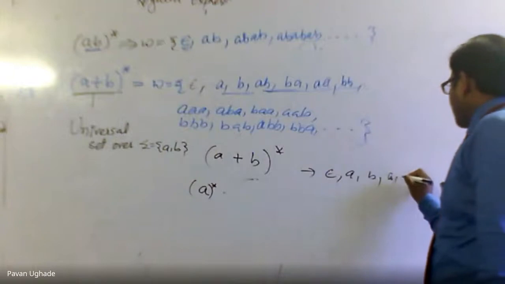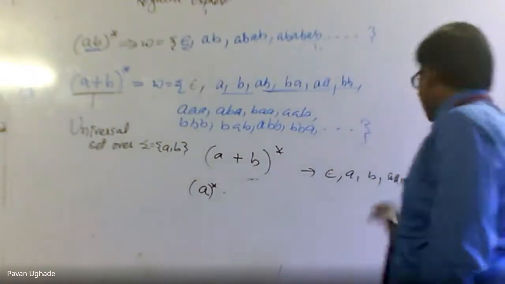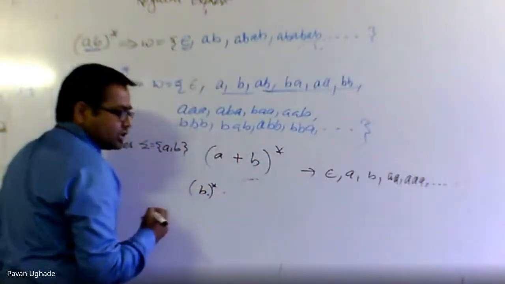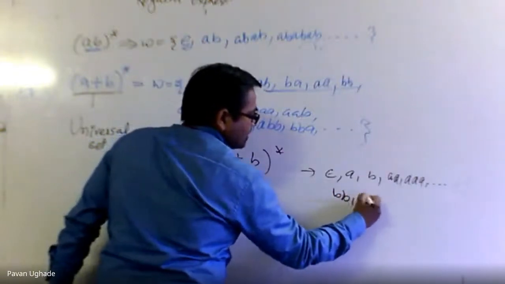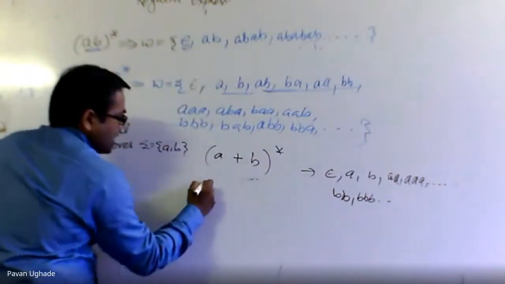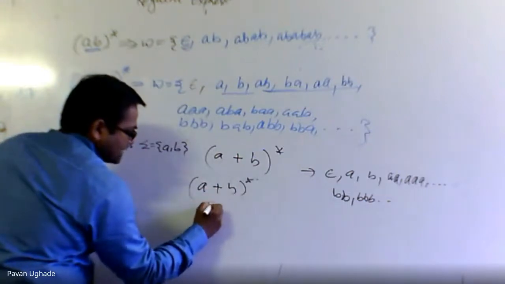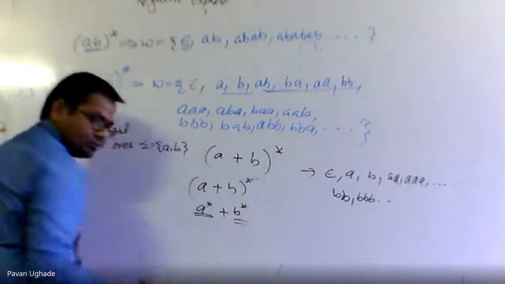It is A, which we have already taken, and so on. Then in the same fashion, we can make the B possibilities also. B is already taken. Now it can have A closure. So I can consider A closure plus B closure. Can it be possible?